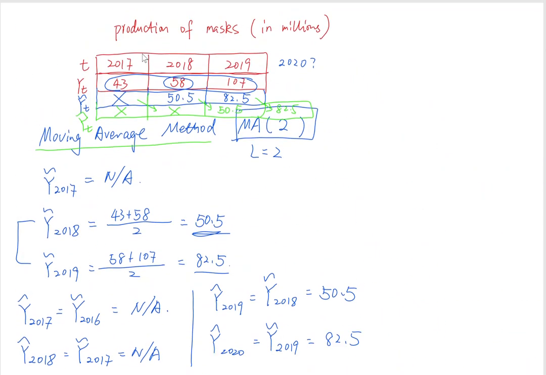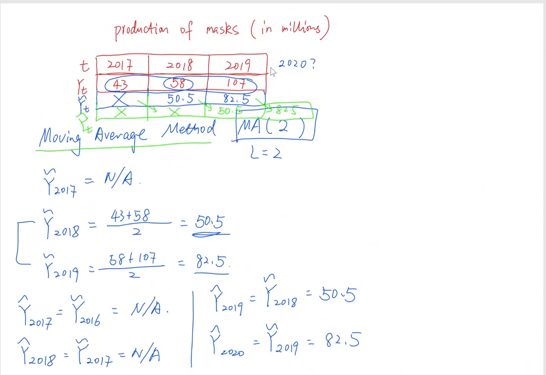But if I only want the predicted value for 2020 based on the moving average method, do you need to calculate these ones? Actually, no, you only need this 82.5 for the prediction of 2020. So you just need to average these two to get the prediction.